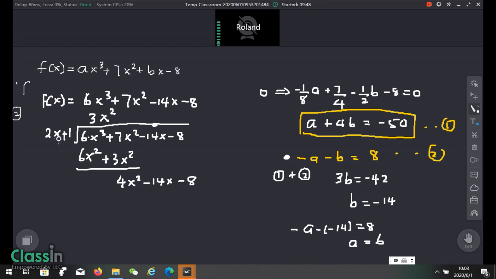If we divide 4x squared by 2x, we have 2x. When we multiply this expression by 2x, 2x times 2x, we got 4x squared. 1 times 2x, we got 2x. If we subtract, 4x squared minus 4x squared goes to 0. Negative 14x minus 2x gives negative 16x.